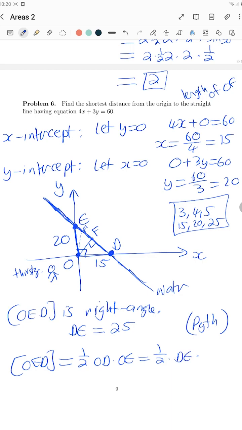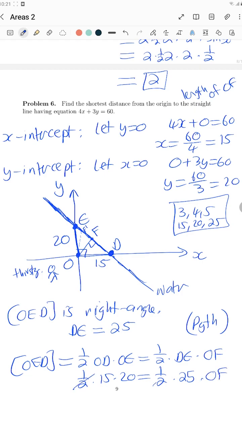What will be the vertical height? Yes, you see it quite clearly from the diagram. That's OF, and that's precisely what we are looking for. Great. Now let's fill in. So a half OD, which is 15 units, times OE, which is 20 units, should be a half DE. DE, we did that using the theorem of Pythagoras, which is 25, times OF.